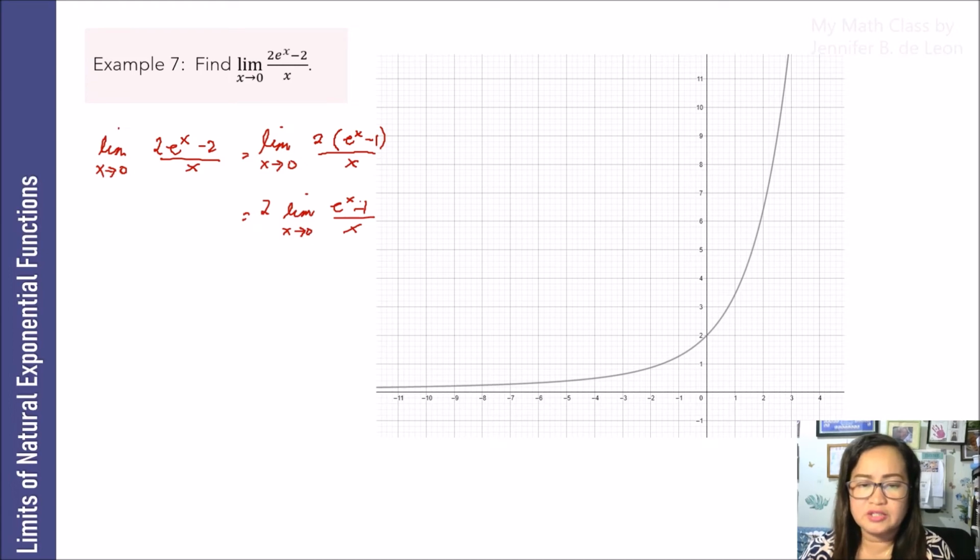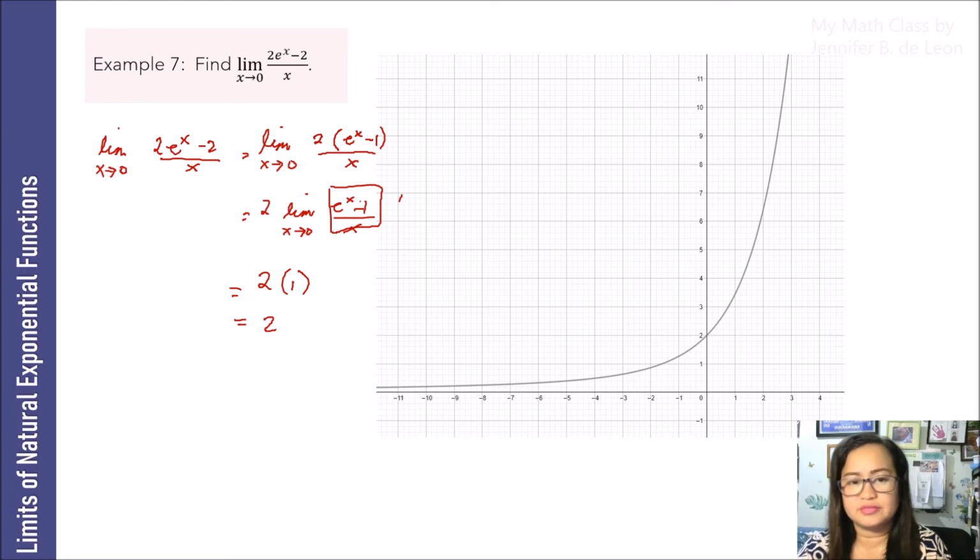Now take note that this expression is just equal to 1. So it means 2 times 1, then we have 2. Did you get that? I hope you would be able to simplify expressions in the succeeding examples.